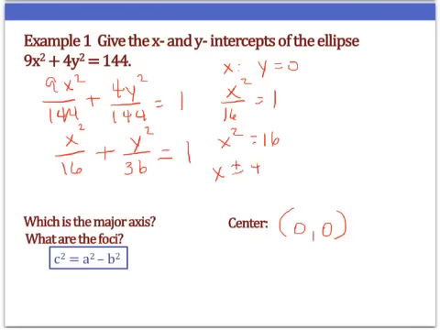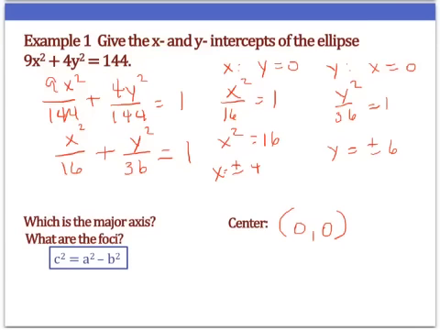Plus and minus 4 is my x-intercept. That's also the amount that you're going to count from the center when we graph our ellipse. And then for the y-intercept, x equals 0, and we're going to do the same thing. We're going to be left with y squared over 36 equals 1, and then y is plus and minus 6. So that will help us graph.